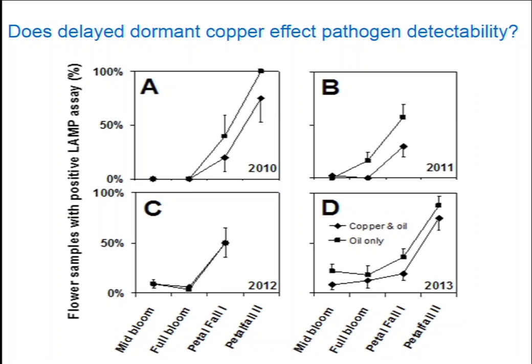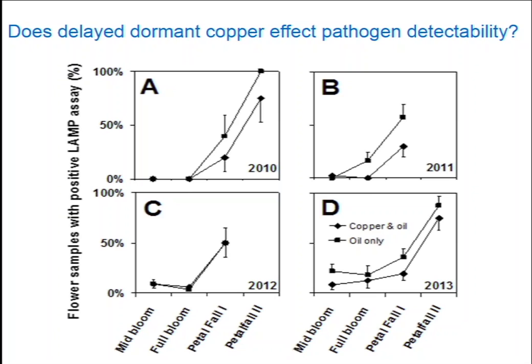And the other thing that you can see here is that when your inoculum builds up in the flowers really doesn't happen so much until the warm part of the year. Really, you start to see it in the full bloom, but mainly in the petal fall. You really see the increase in inoculum during the latter part of the bloom season, not early. Early in the season, there really isn't much inoculum.